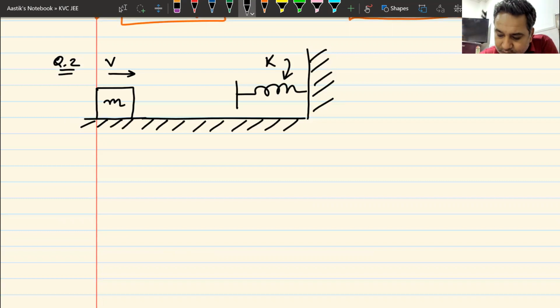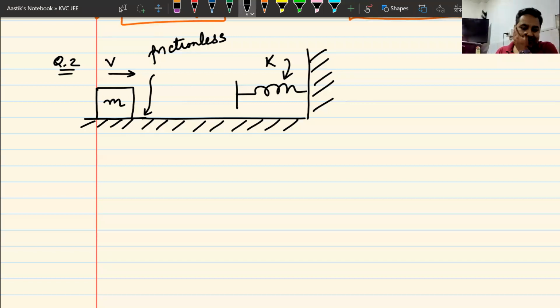Remember, this surface is frictionless. So this surface is smooth. Now, this block is going to hit the spring and it will compress the spring.